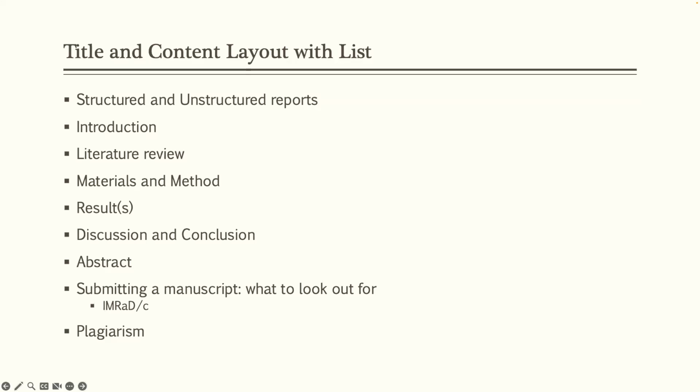And then the short form writing is a manuscript that is published usually in journals and later pulled together into secondary resources. So that structure is introduction, literature review, materials and method, result, discussion and conclusion.